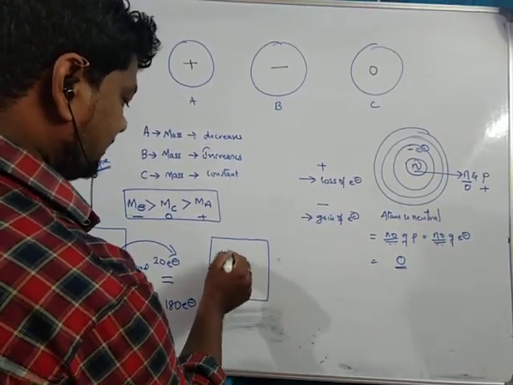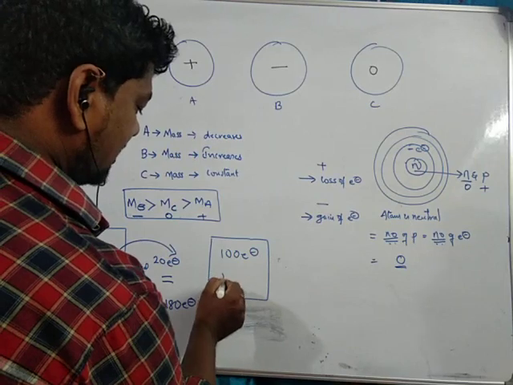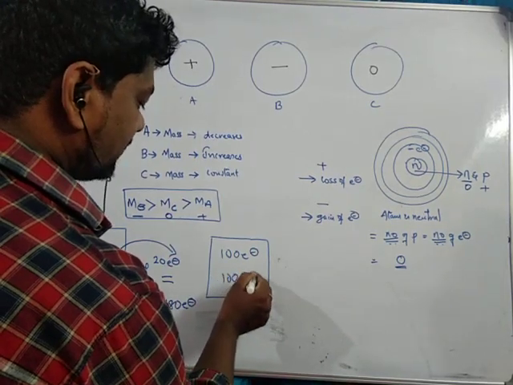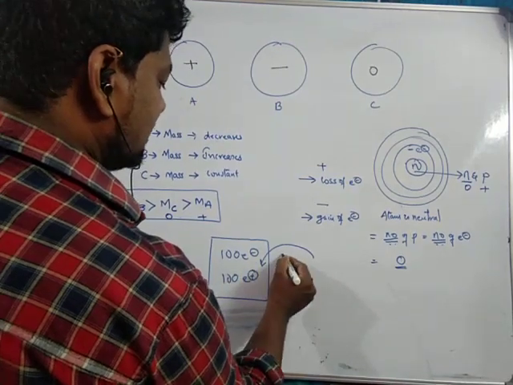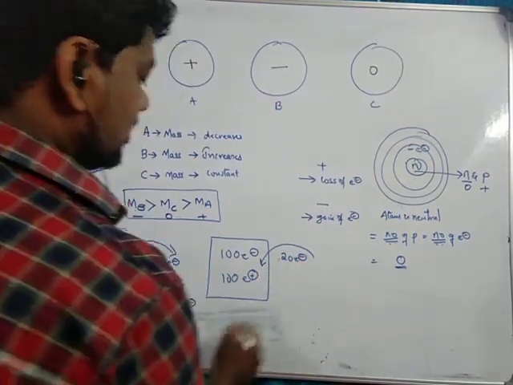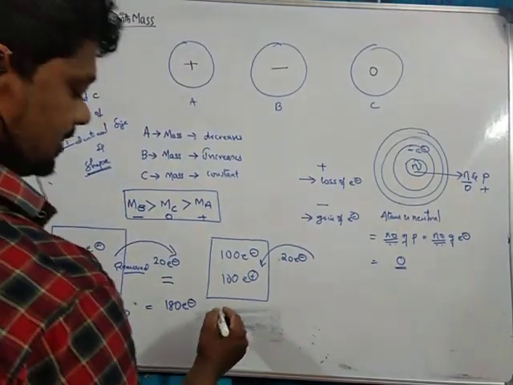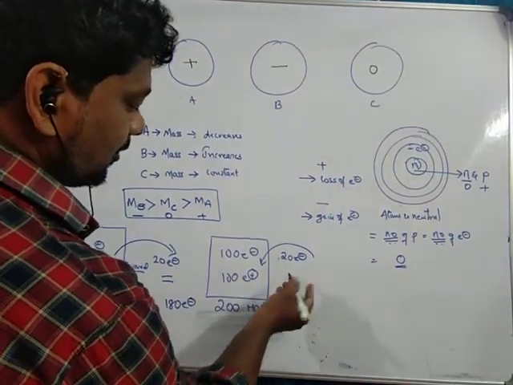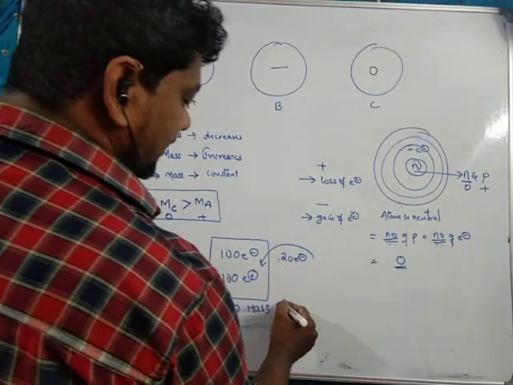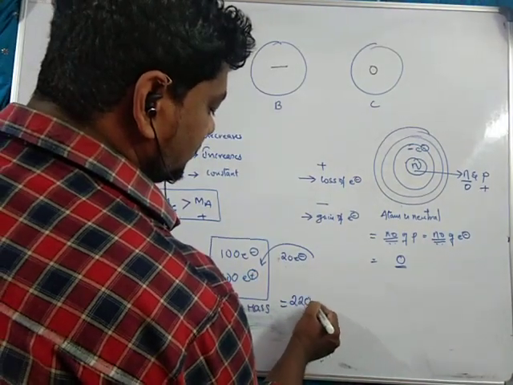The same way, if you consider the second one, here we have 100 electrons and 100 protons. Suppose from outside we add 20 electrons. Already we represented 100 plus 100, 200, so its mass, whenever we add 20, will be 220.